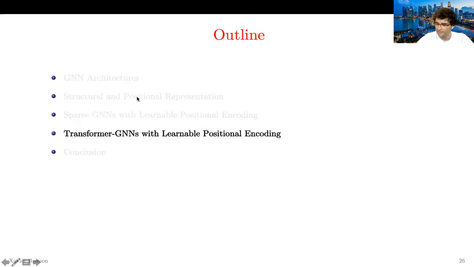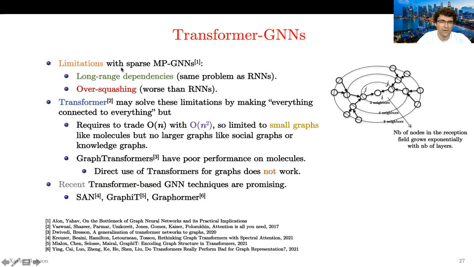All right. So there exist some limitations with standard message passing GNNs, which are the long-range dependencies. If you want two nodes to communicate with each other and they are far away on the graph, then you would need a lot of layers to do that, and you may have the vanishing gradient problem.